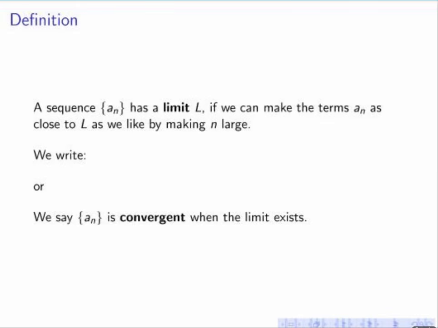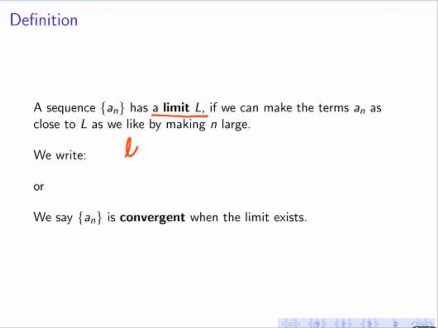So let's try a definition. How would we define this? A sequence a_n, we say, has a limit, and we call the limit L, we give it a name, if we can make the terms a_n as close to L as we like by making n large.